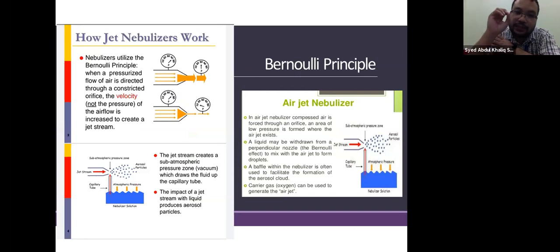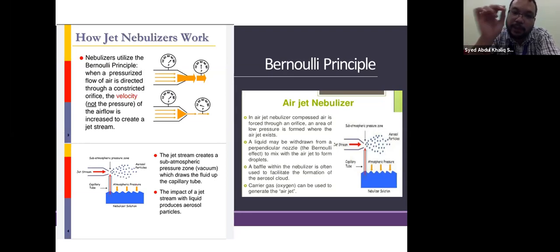And then the result is the aerosol particles will be smaller. So if you use a lower flow, the particles will be bigger. If you use higher flow, the particles will be much smaller.